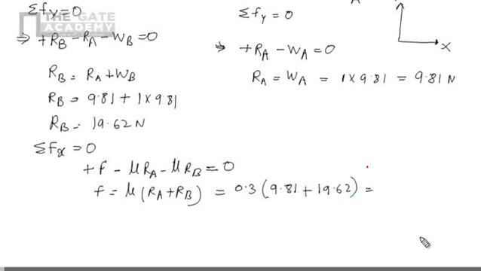If we add 9.81 with 19.62, we will get 29.43, and if we multiply 29.43 with 0.3, we will get 8.829, or nearly 8.83 Newton. So the correct answer for this problem will be 8.83 Newton.